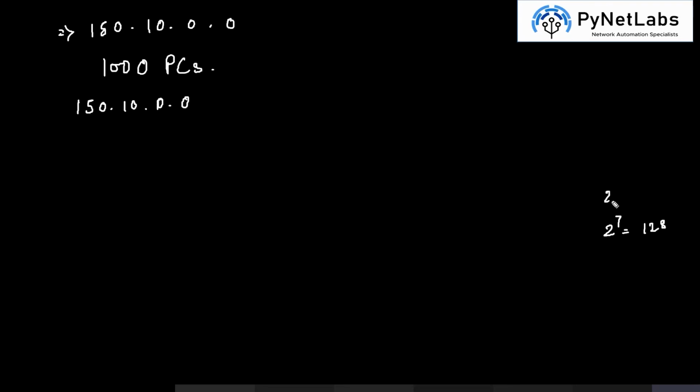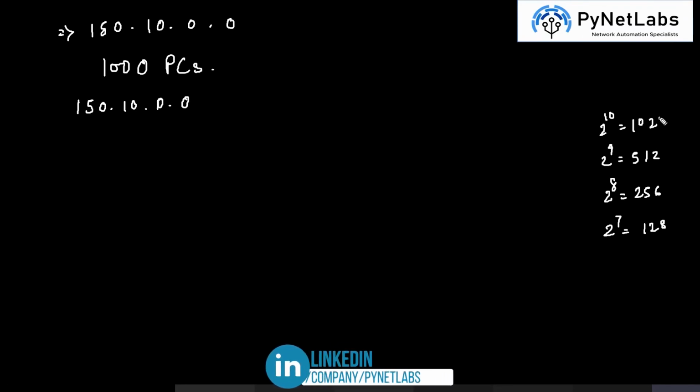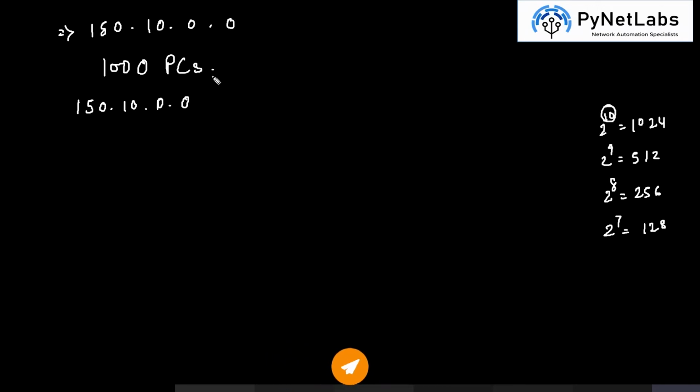At 2 to the 8 it is 256, then at 2 to the 9 it is 512. Then if we go to 2 raised to the power 10, we have 1024, which is what we need. With this, we are clear that 10 bits of host are required for a requirement of 1000 pieces. At least 10 bits of host have to be there.